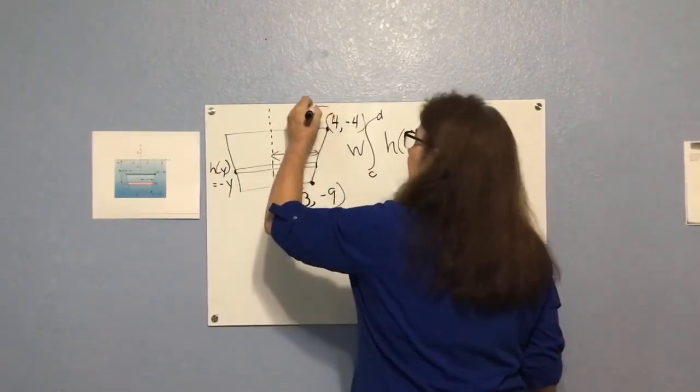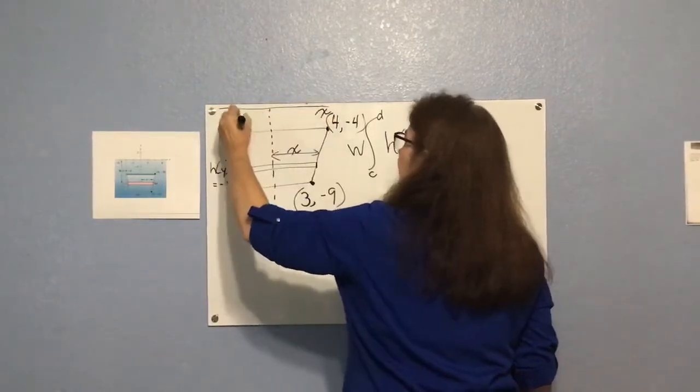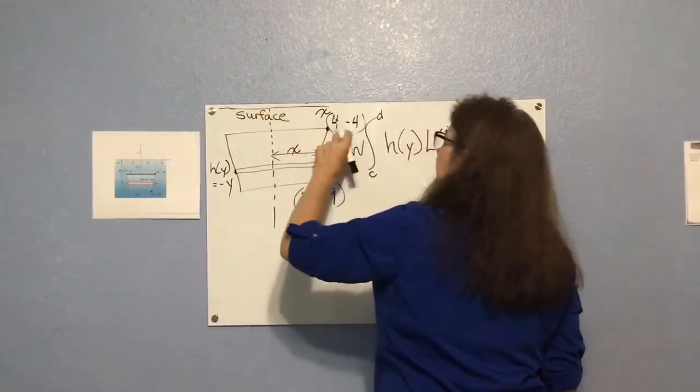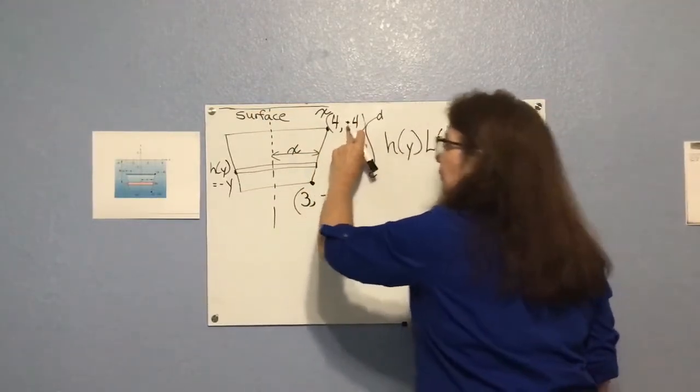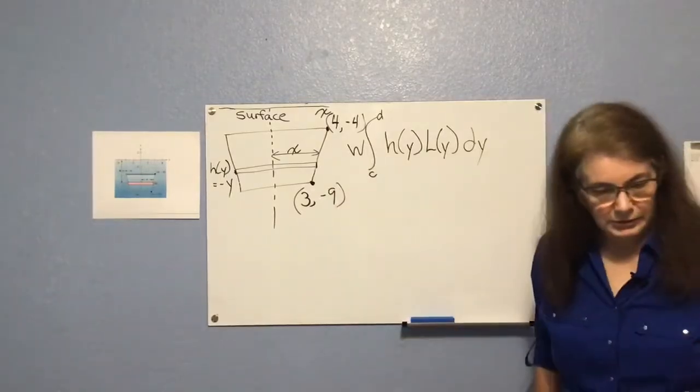Okay, and once again, I'm going to put my x-axis at the surface. Okay, so this point is 4 feet below the surface. This point is 9 feet below the surface.